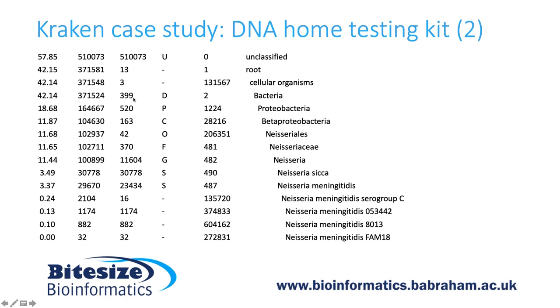The 399 means that 399 reads were assigned directly at the level bacteria. They couldn't be assigned any lower down the taxonomic tree. They could only be assigned just to bacteria. Whereas this number here reflects the number of reads which fell within bacteria at any of the subsequent levels.